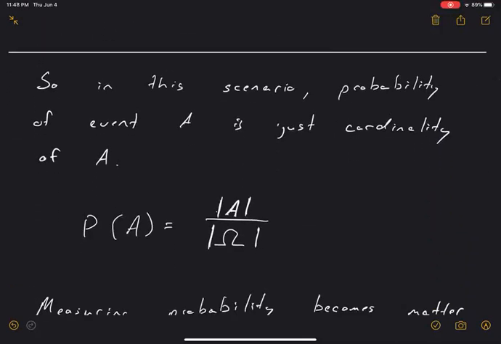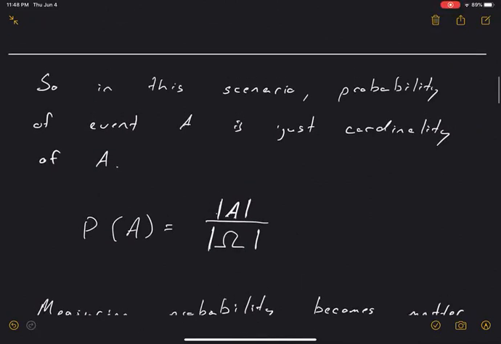So in this scenario where we have a finite sample space and all these events are equally likely, then the probability measure really just becomes a matter of cardinality of a set. So the probability of some event A, P of A, becomes the cardinality of A divided by the cardinality of omega.